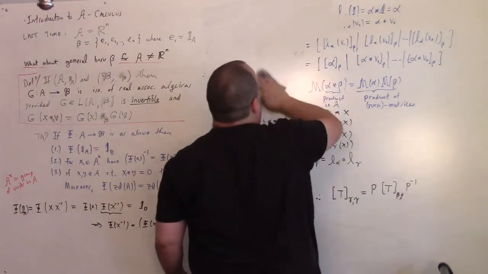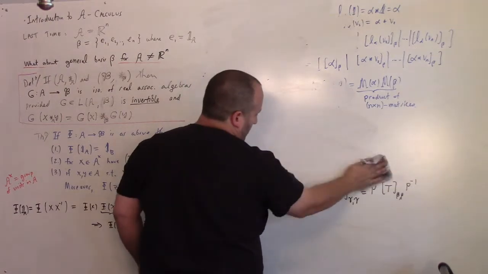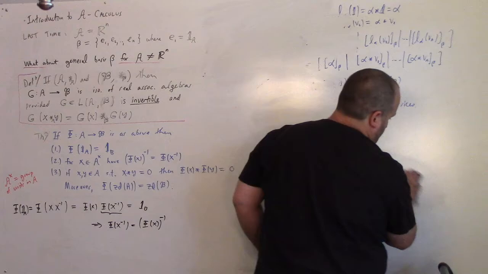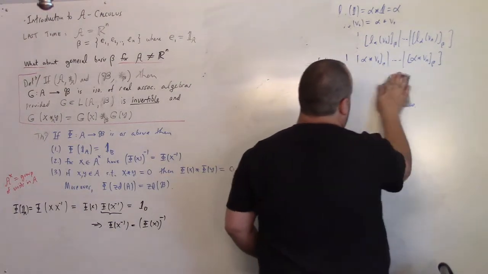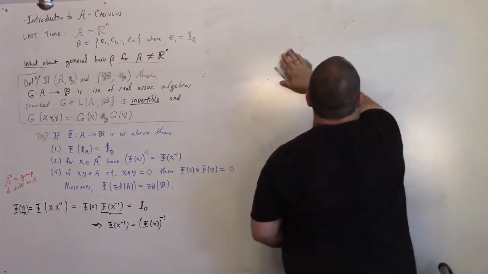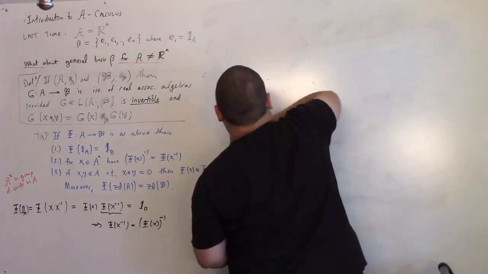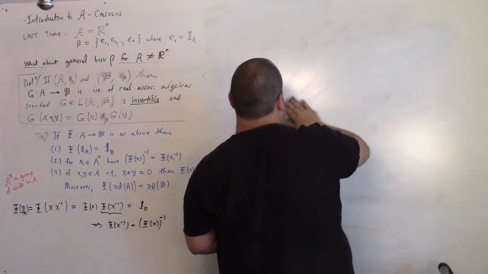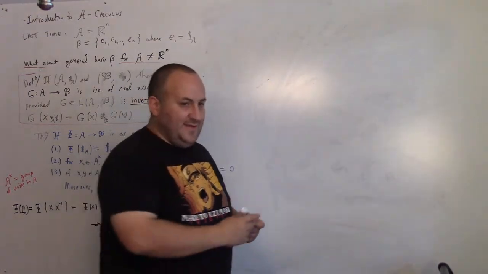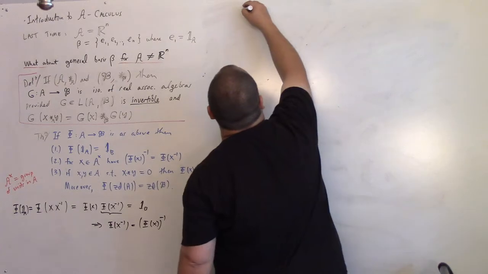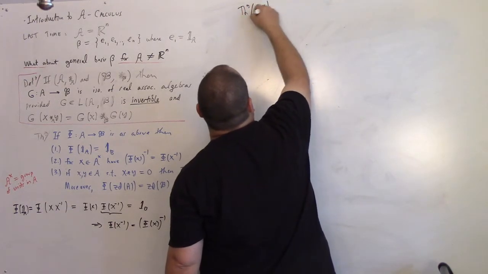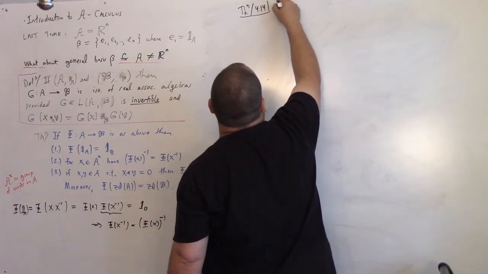So I have theorem 4.14. Are you saying A is a matrix?